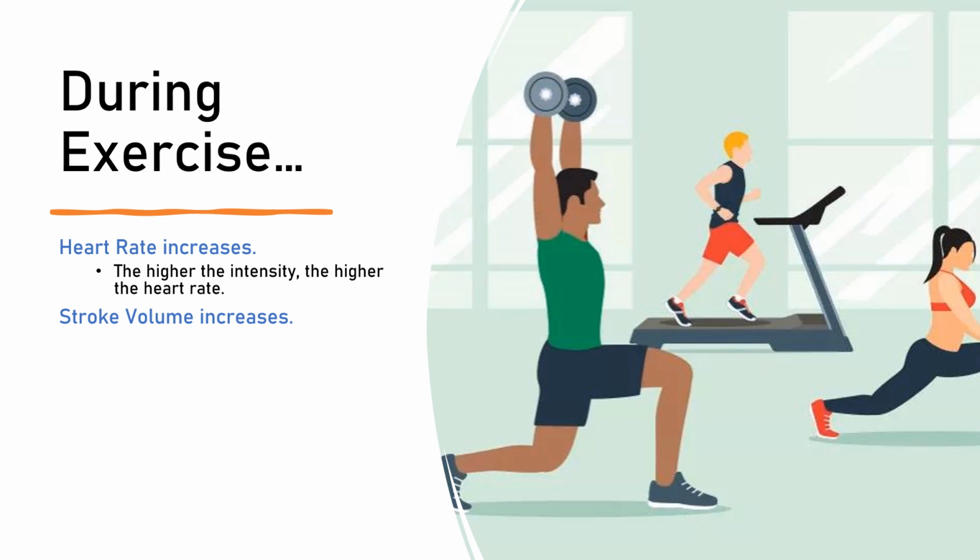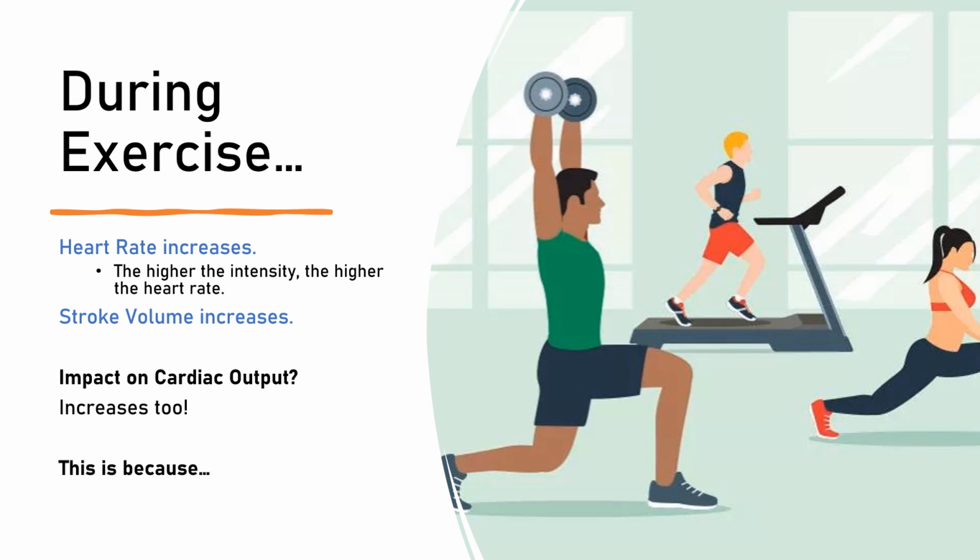Our stroke volume also increases, and we'll look at this more in class. Why does it happen and what happens? The impact on cardiac output, remember, cardiac output is stroke volume times heart rate. If both those factors increase, then cardiac output is going to increase too.